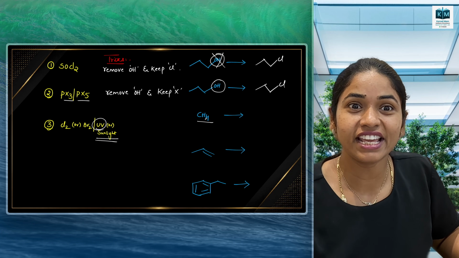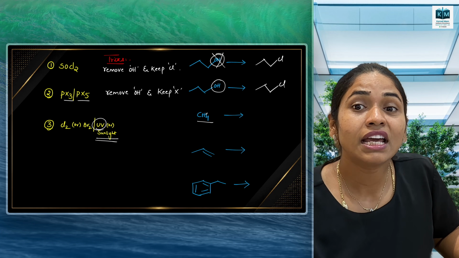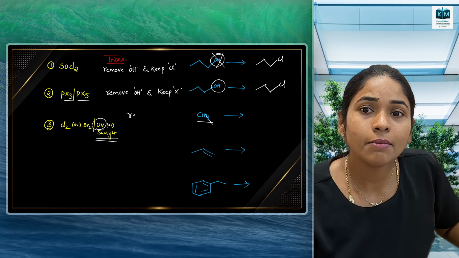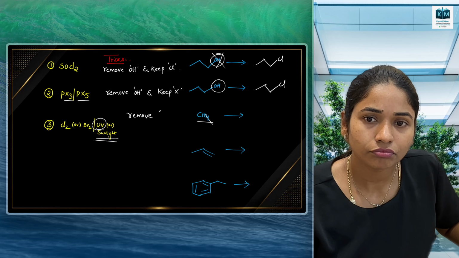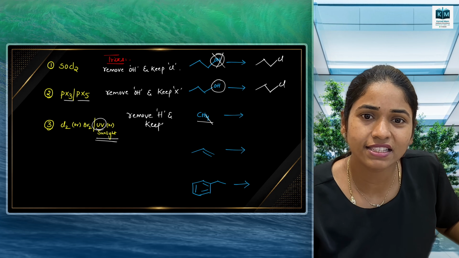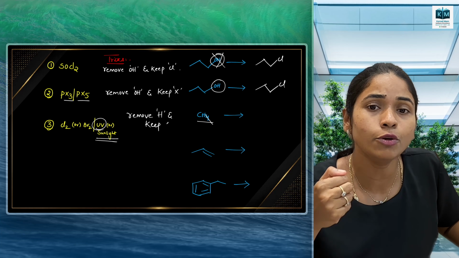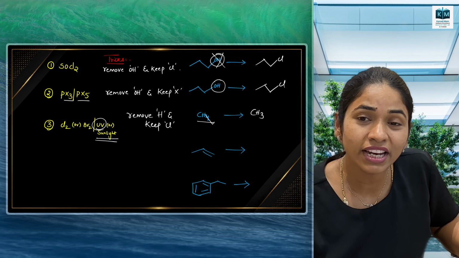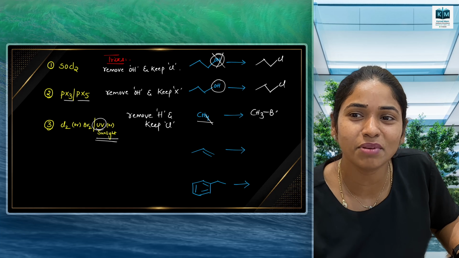Let's say free radical substitution: remove one hydrogen and keep Cl in this place. If you are using chlorine, you put Cl. If you are using Br, you put Br. So I'll remove one hydrogen, I will add Br.